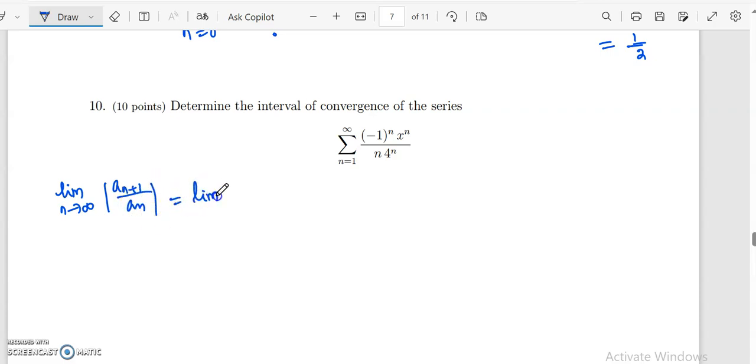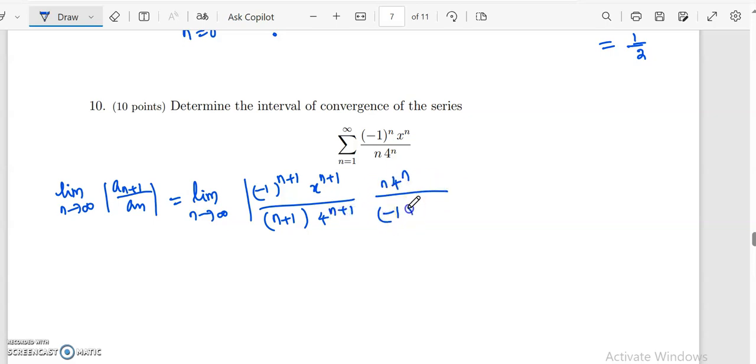So that will be limit n goes to infinity modulus of minus 1 whole raised to n plus 1 x raised to n plus 1 by n plus 1 into 4 raised to n plus 1, then n into 4 raised to n by minus 1 whole power n x raised to n. So we'll get limit n goes to infinity, now the minus sign will go off since we have modulus. Then remaining we have mod x, n by n plus 1, then there will be a 1 by 4.